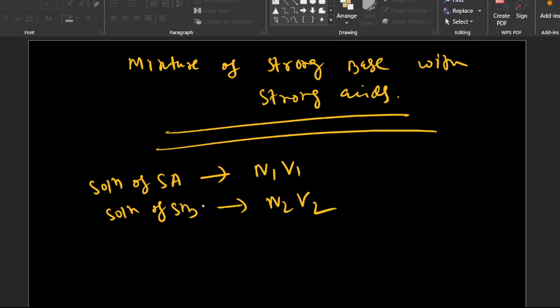And what it says is: a strong acid with N1 V1 and a strong base with N2 V2. If you are adding these, then what happens?